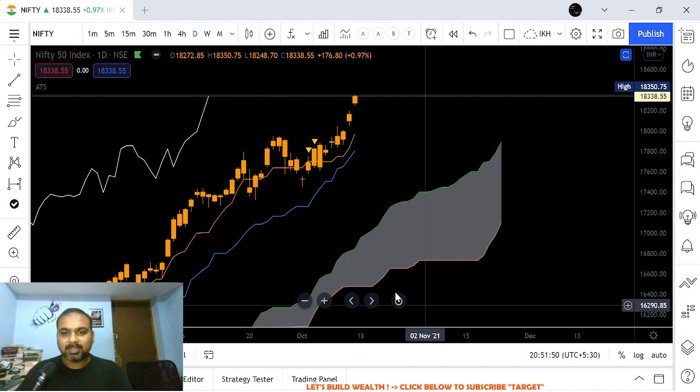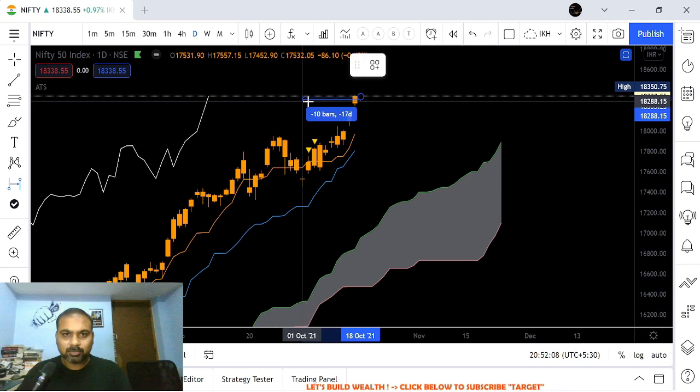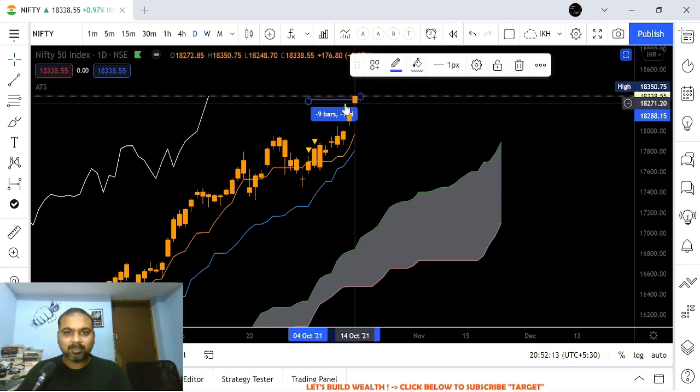The orange line Tenkan-sen is the 9-period high plus the 9-period low divided by 2. Let me take a look here. I'm on the daily time frame, so I'm just looking at the 9-period high and low.